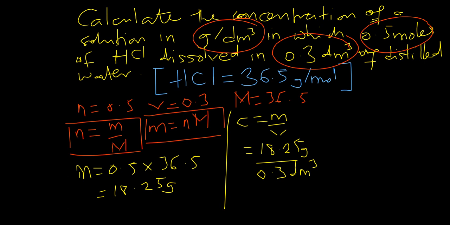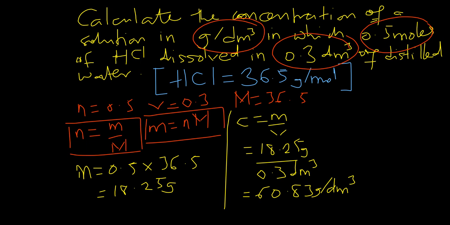If it were any unit apart from dm cube or liters, we would need to do a conversion. So 18.25 divided by 0.3 gives us 60.83 gram per dm cube. That is the mass concentration of the solution.